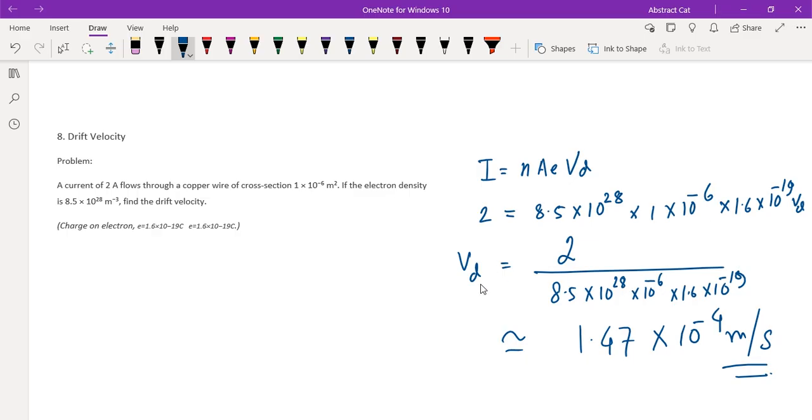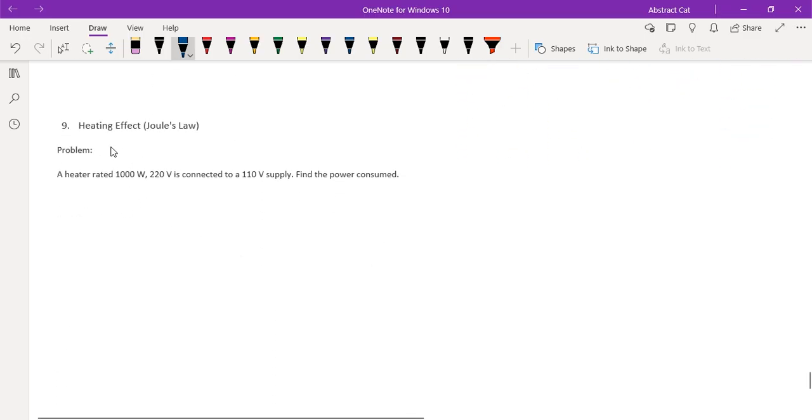Now question number 9, heating effect, Joule's law. A heater rated 1000 watt, 220 volt is connected to a 110 volt supply. Find the power consumed.